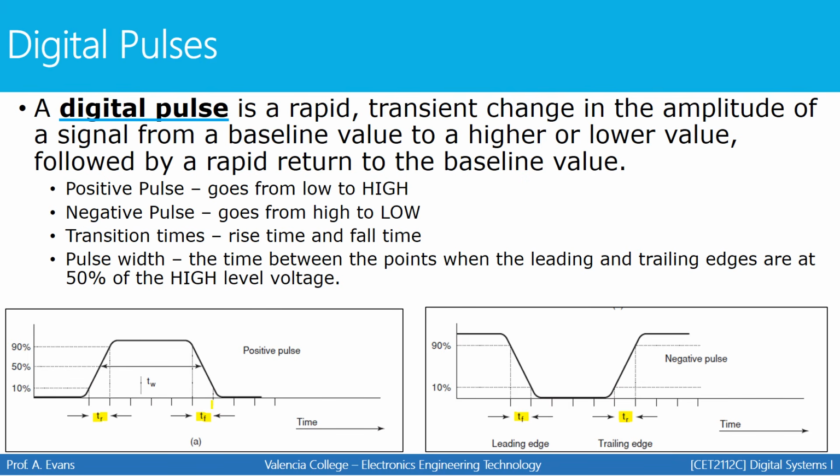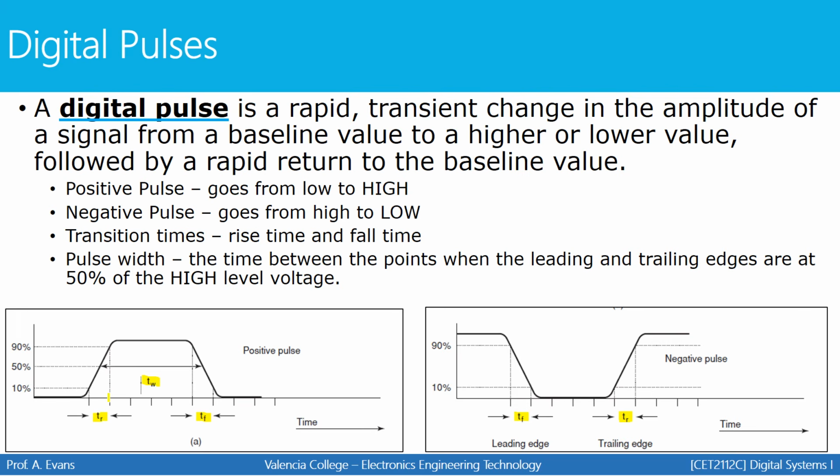So you have your transition times, your rise time, your fall time, and then you have what's called the pulse width, which is labeled here. And the pulse width is the time between the points when the leading and trailing edges are at 50% of the high voltage. This is for a positive pulse.